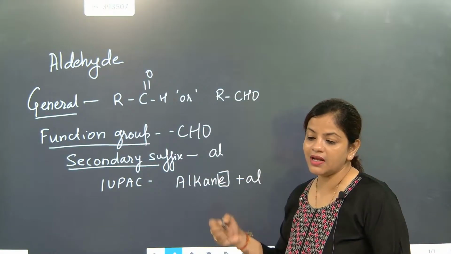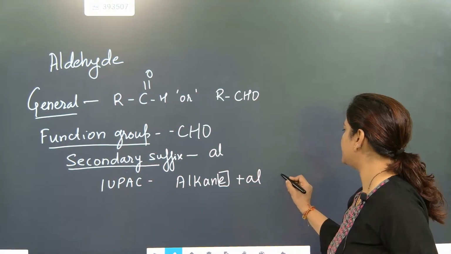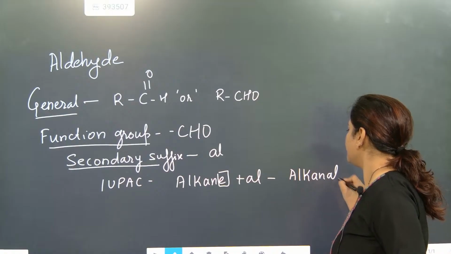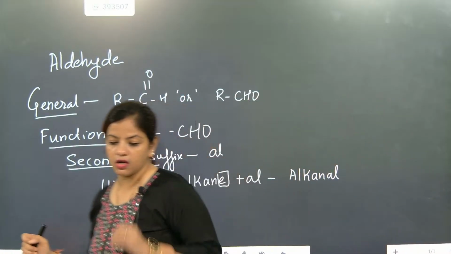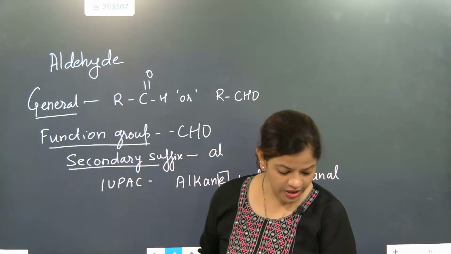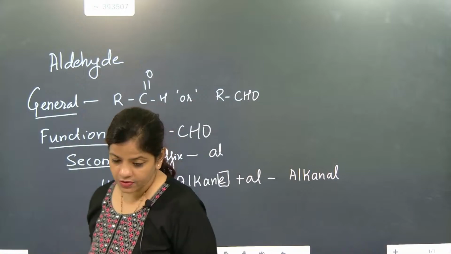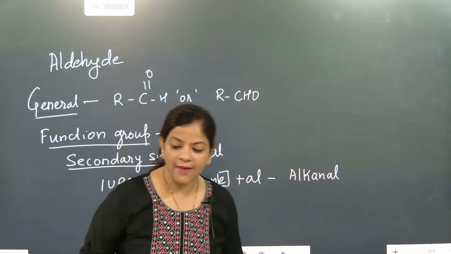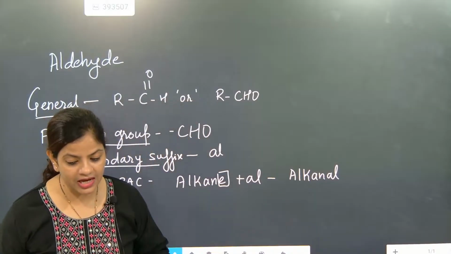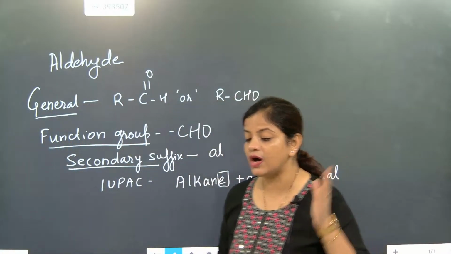So it will become alkanal. E will be removed, and that is called alkanal. From alkane, E is removed and al is added. That is the meaning of alkanal.